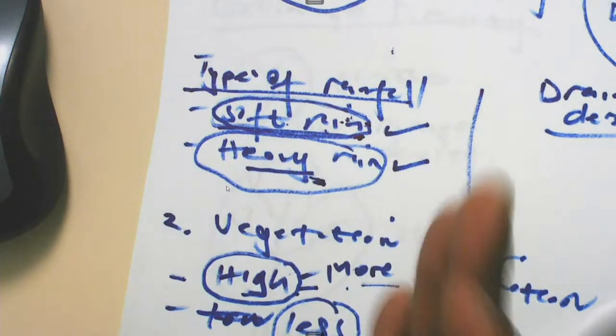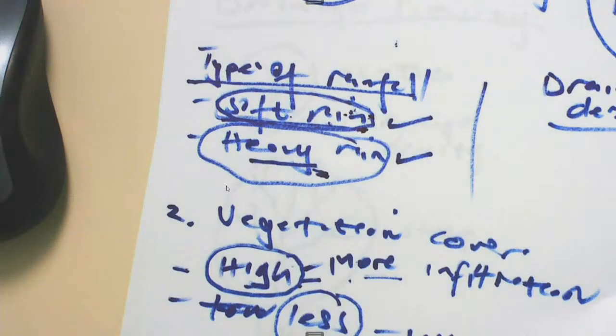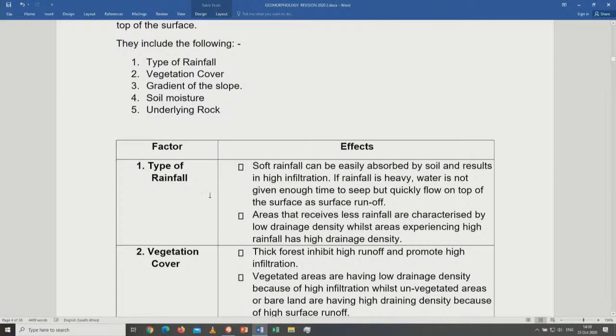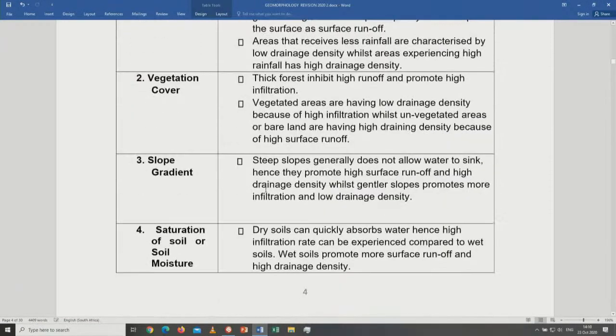So these are the factors that influence the surface runoff, infiltration, and also drainage density. These are some of the concepts, some of the aspects that you must understand in the final examination.